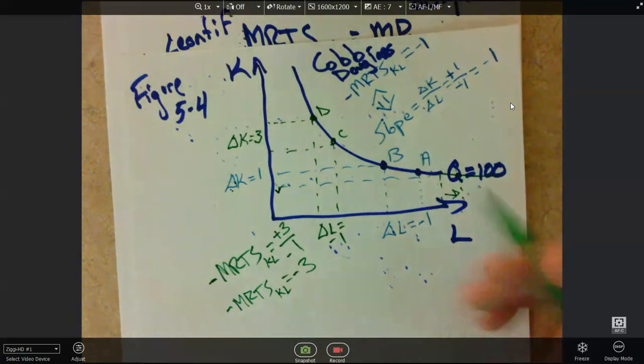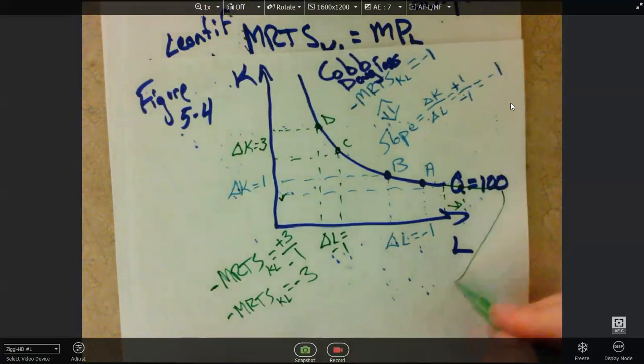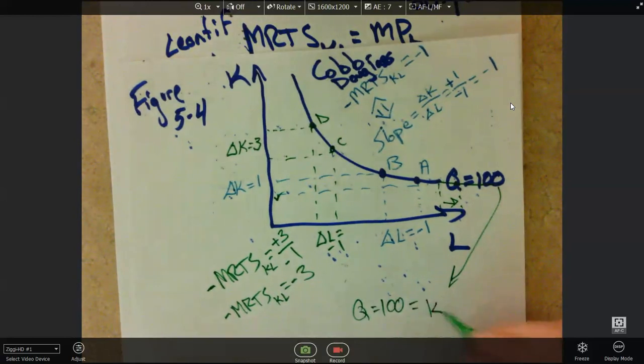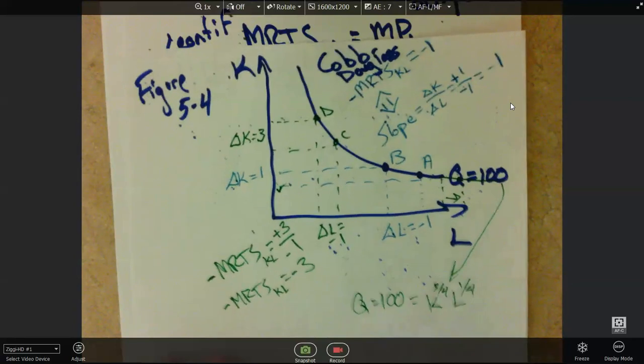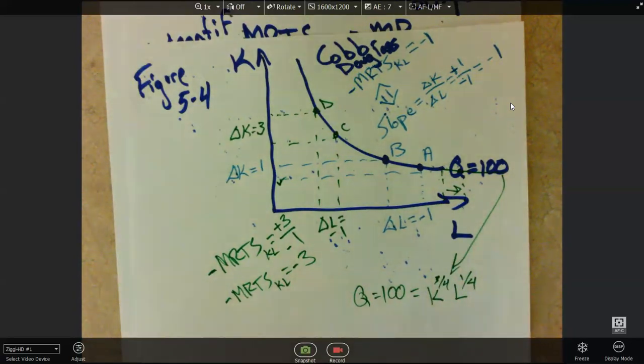Because the slope, it's an artifact of the exponents in the Cobb-Douglas function, the fact that Q equals 100 equals capital to the 3/4 labor to the 1/4. So it's the reason why it's built in is what I want to say. But it is a good reflection of reality, right? That we have diminishing returns to our inputs as we use more and more of those inputs.